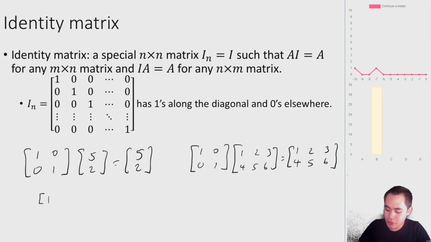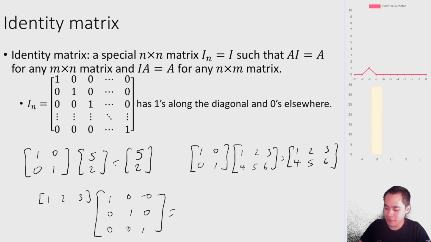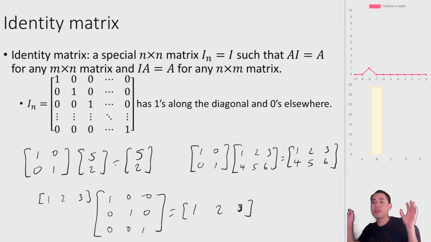If you're in the scalar, multiplying by 1 doesn't change anything, right? If you're in a matrix, multiplying by the identity matrix doesn't change anything. In fact, if you have a 1 by 1 identity matrix, it is just 1. So this is the natural generalization of multiplication by 1.